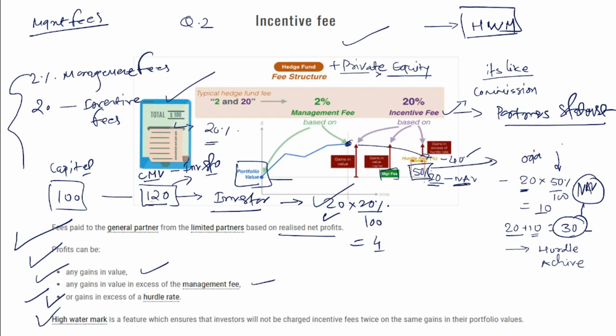I'm sure these questions and answers would help you understand what incentive fees are. You can treat it like a commission that we offer to staff. Even in an operations business, your managers put a target, like if you process 100 funds, then we'll offer you 5,000 as a bonus, something of that kind.